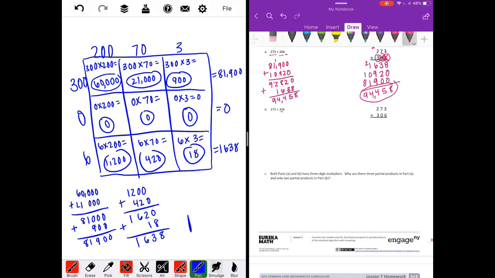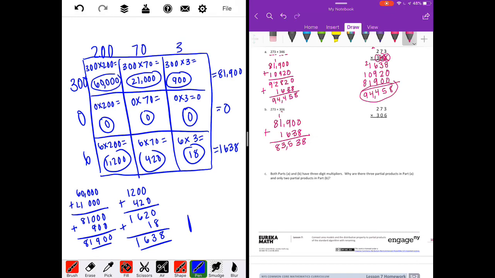If we add the final numbers together, so 81,900 plus 1,638 should get 83,538.